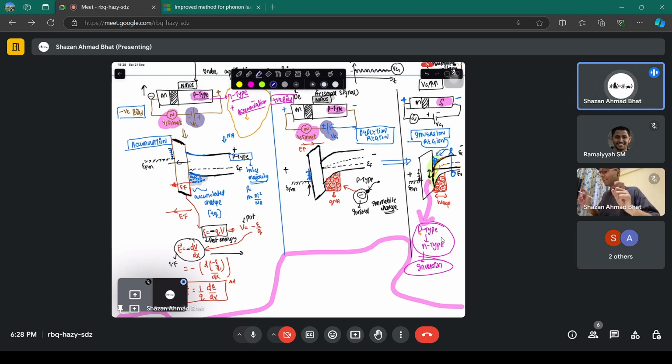Remember that all this, the transition from accumulation to depletion to inversion, is controlled by the gate voltage, not the small signal. The small signal is just very small, to perturb it, to disturb the little bit of charges. It does not create the inversion regime or the accumulation regime. Okay, that's what we are going to see now.